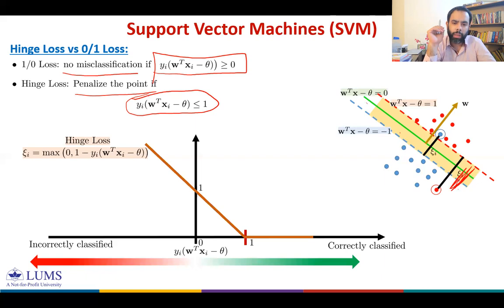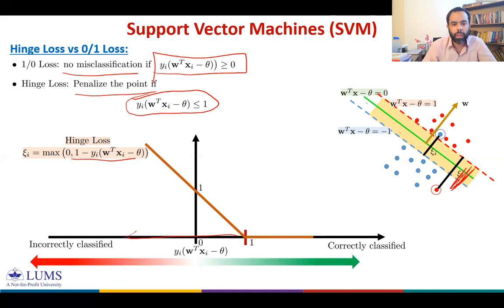Otherwise, the penalty would be equal to the distance from the boundary, given by 1 minus yi (w transpose xi minus theta). The farther you are from the boundary, the penalty keeps on increasing linearly, proportional to the distance.